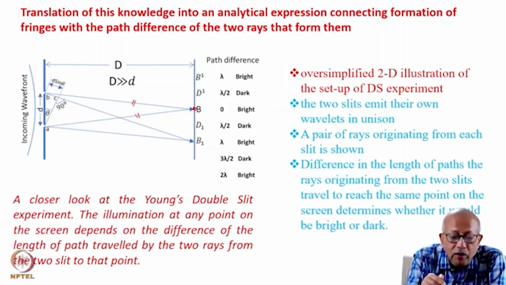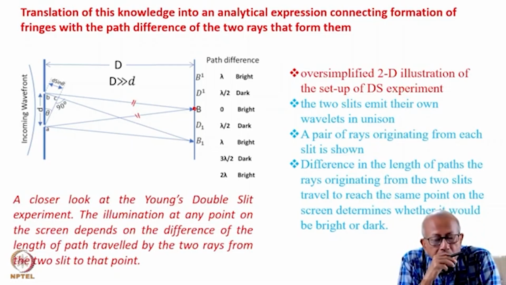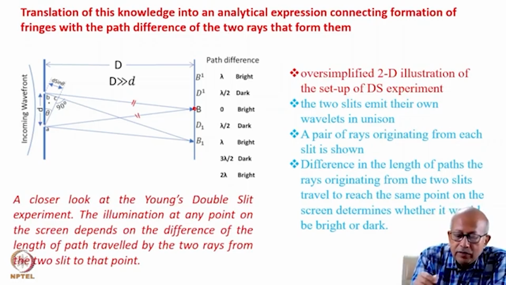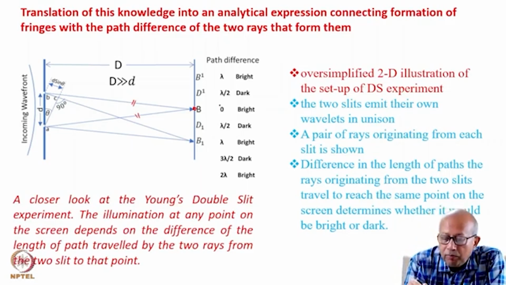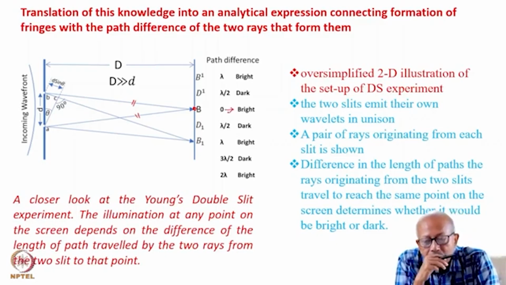Therefore, the path difference of these two rays, as they travel from the slits and reach this point, is zero. They have traveled the same path. Therefore, when the path difference of the two rays interfering at the screen is 0, you have a bright region of intensity.